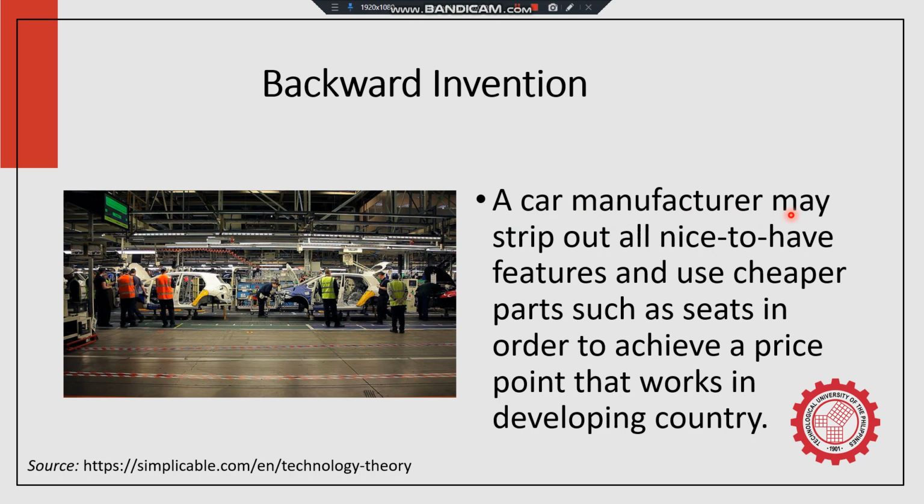They may strip out all the nice-to-have features and use cheaper parts, such as the seats of the car. They replace them with more affordable materials in order to achieve a price point that works in a developing country.